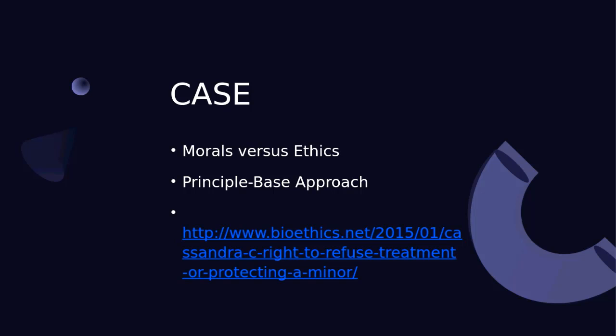One of them is autonomy. In the case of a patient, letting the patient have their own say so, letting them be part of the decision-making process. So what did Cassandra and her mother do? They said no. No more chemotherapy.